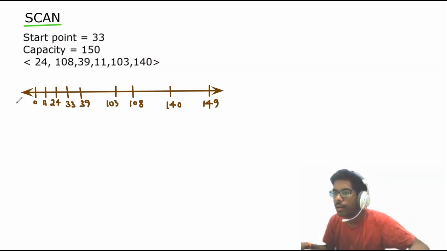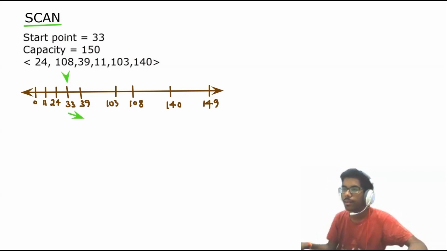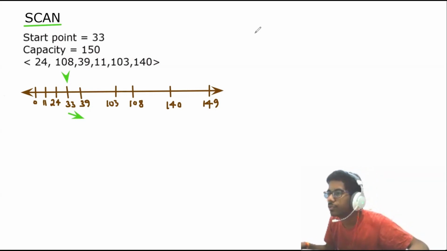So now here, what we can do is start off from the starting point, which is 33, and then go to 39. At the same time, we record how much we have moved. So here we have moved 6.